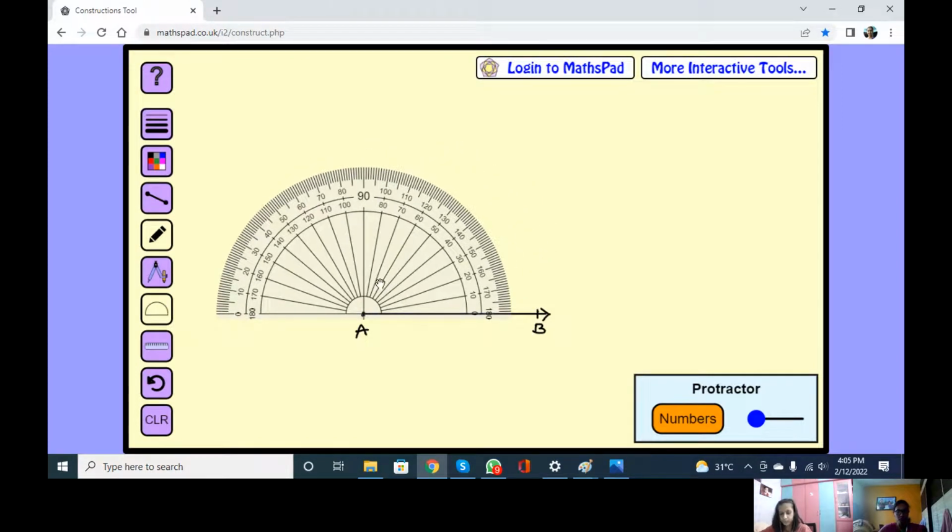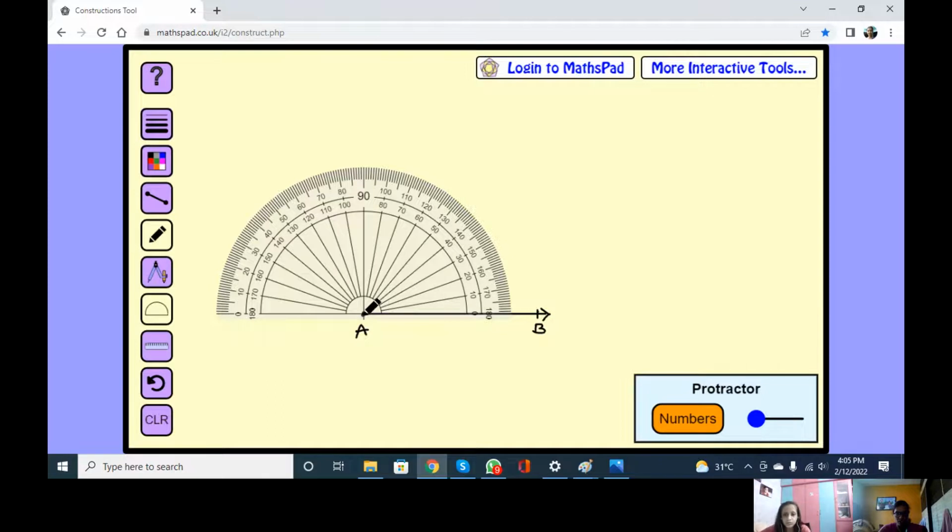How to do this? First, draw a ray AB. Next, place the protractor at one end point, in such a way that its central point lies on A and its horizontal edge coincides with our ray. Protractor has a central point. This is the central point.